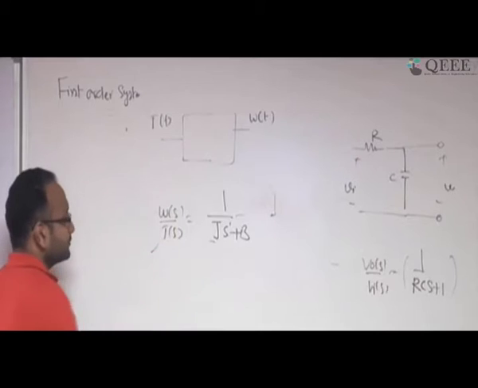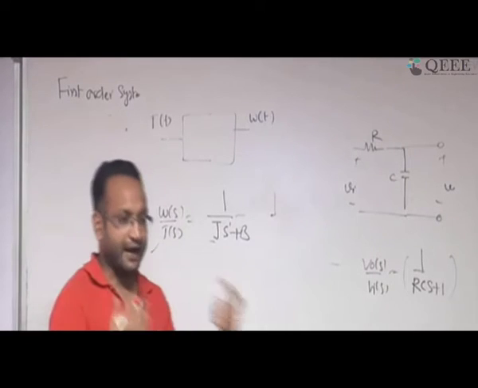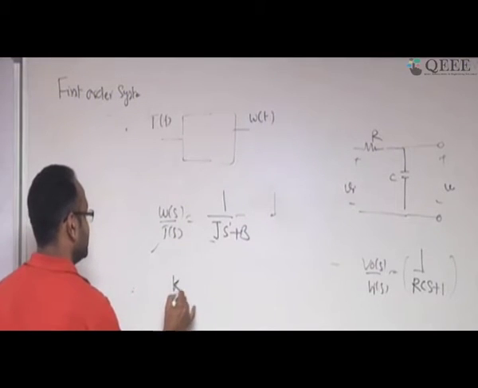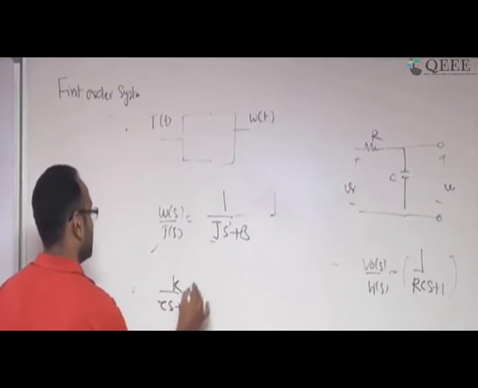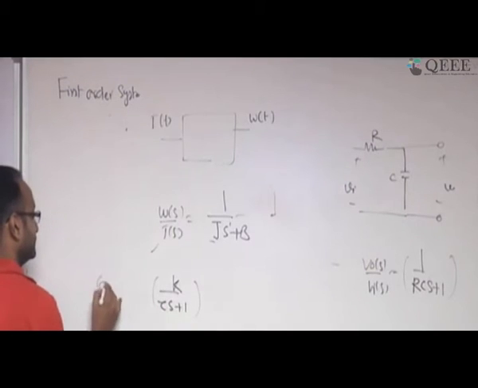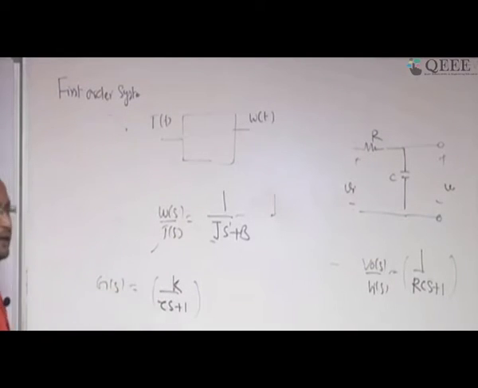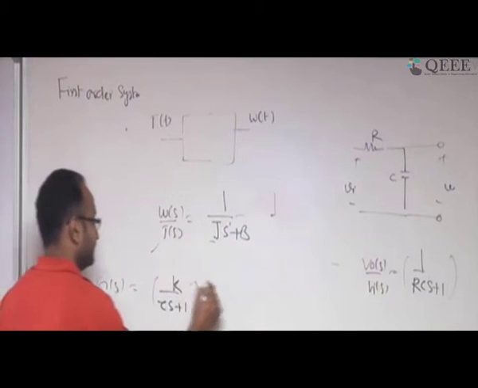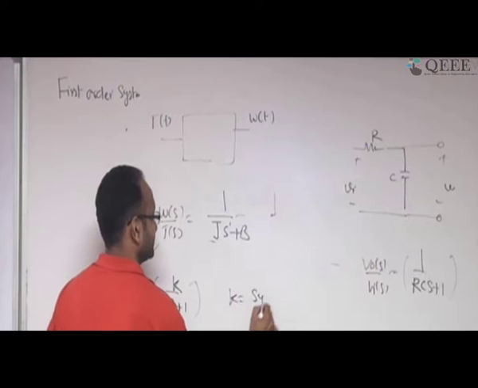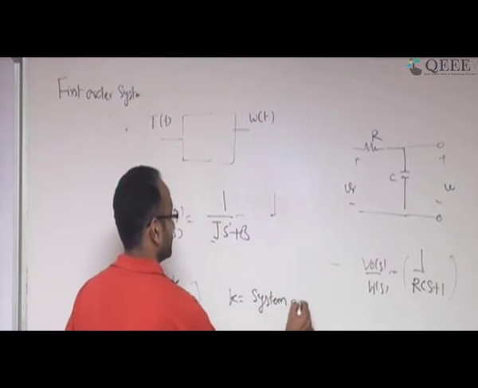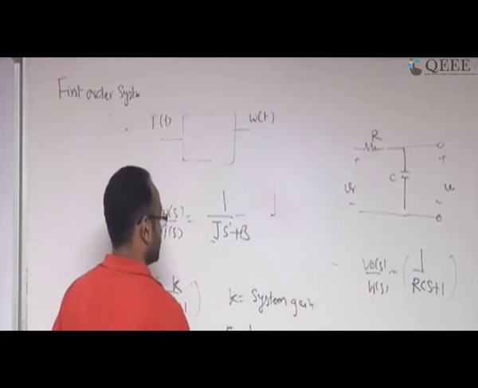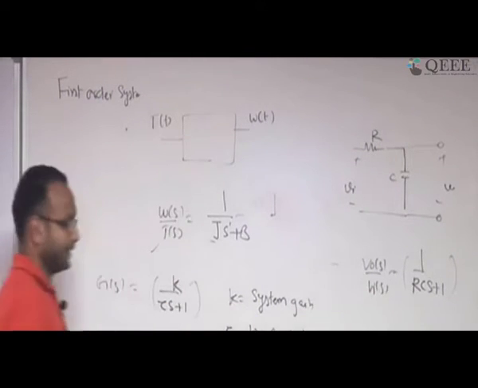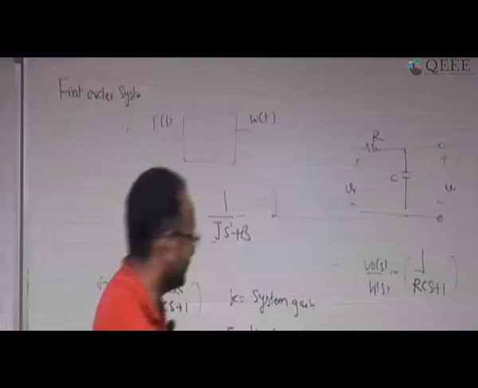Since my system could be mechanical, electrical, or hydraulic, we write a generalized transfer function. This K is known as the system gain, and tau is known as the time constant.